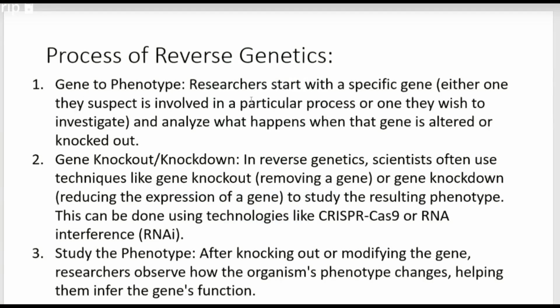Researchers start with a specific gene, either one they suspect is involved in a particular process, or one they wish to investigate. The process can be applied by knockout of the gene. Knockout means we make the gene nonfunctional.